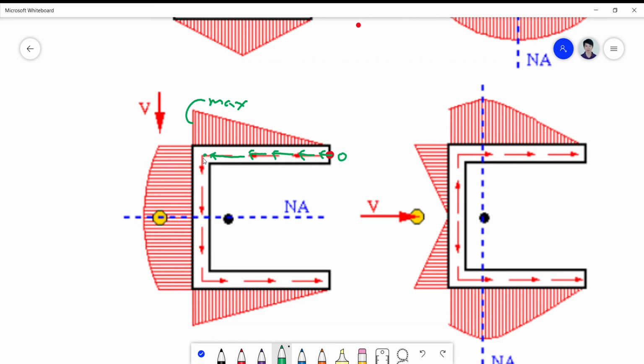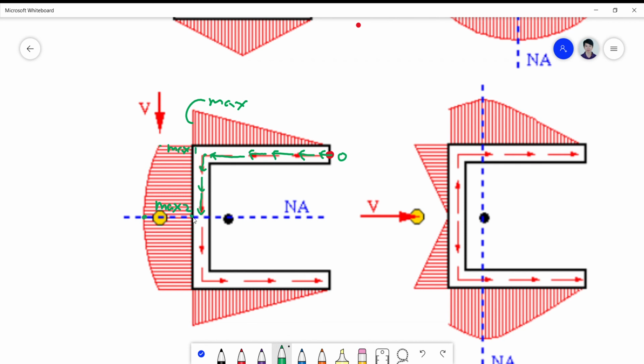Then it will flow down, increasing from a maximum here to a value of a maximum here, max 1 and max 2 there.